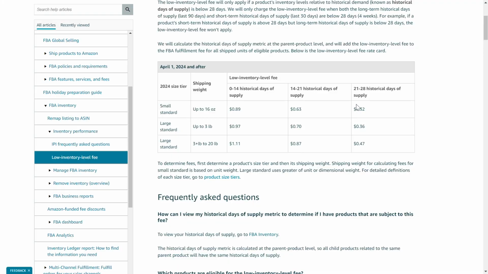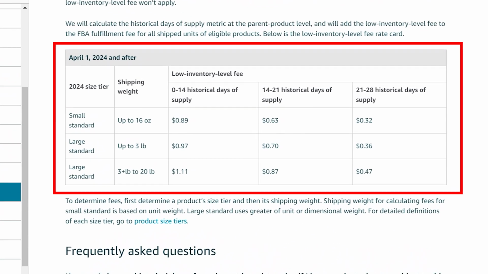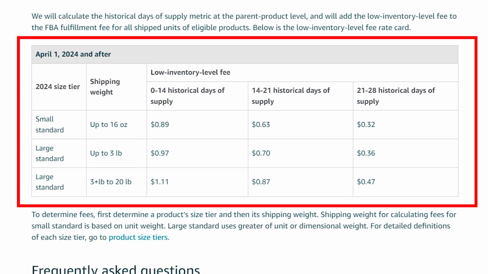Along with the historical days of supply, the low inventory level fee structure is also based on different size tiers and shipping weights. As you can see, the fee you pay goes down as your historical days of supply go up. For example, if you sell a large standard item that weighs between 3 pounds and 20 pounds, Amazon will charge you $1.10 per item if your historical days of supply is 0 to 14 days, which means your stock is critically low.